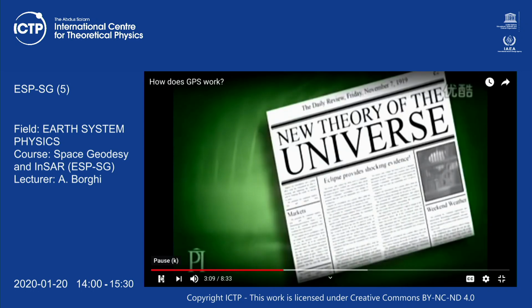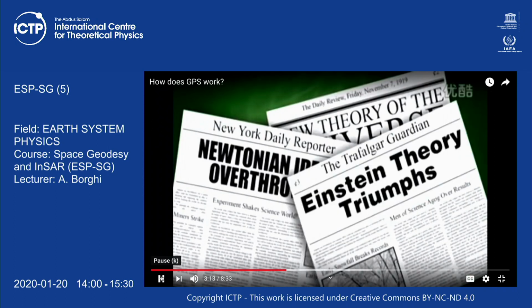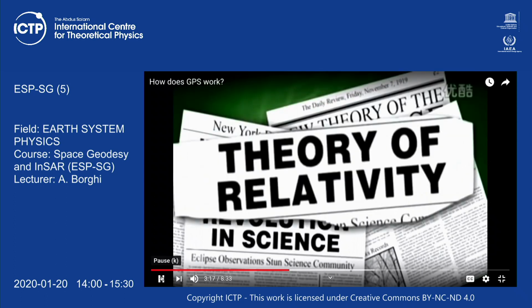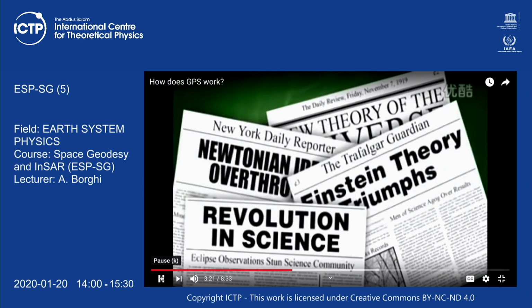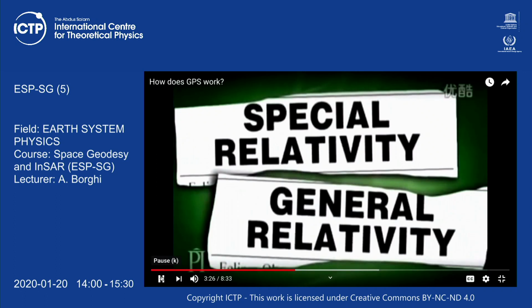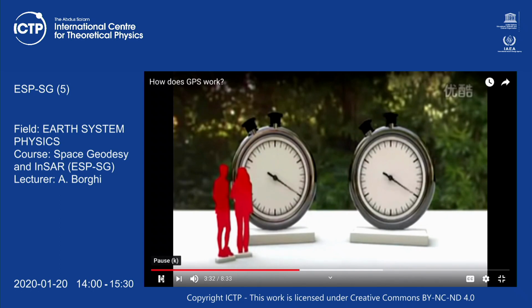The GPS is so precise, it must take into account a number of subtle effects. Some of these are predicted by Einstein's theory of relativity, an idea that revolutionized our understanding of the universe. This theory includes special relativity and general relativity. Special relativity is a theory of space, time, and motion.